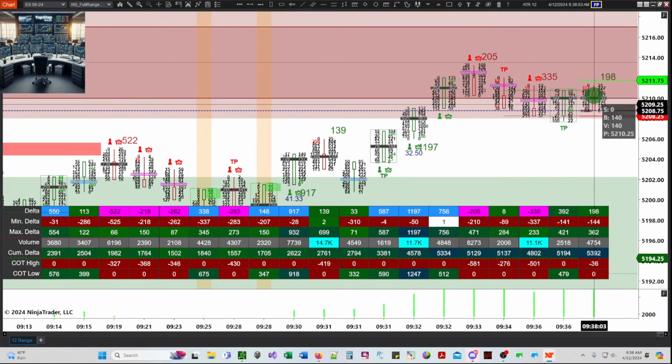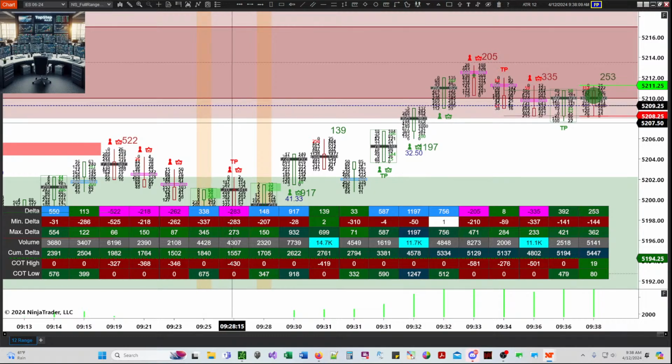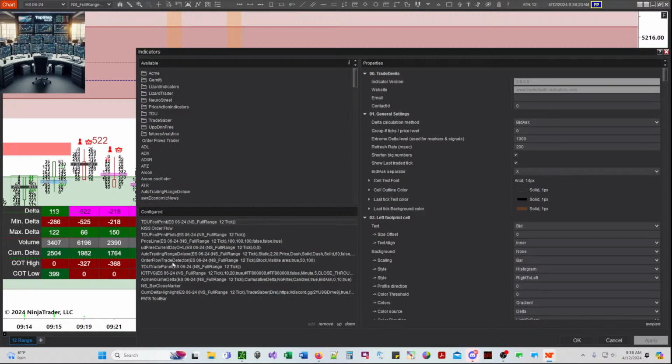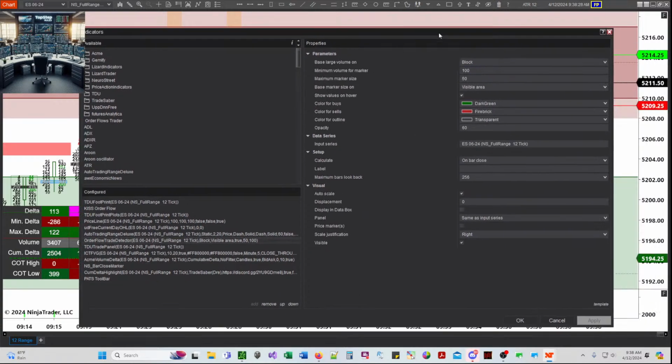Now this green ball you see on my chart right now, this comes with NinjaTrader, and this is under the order flow section. It's called the order flow trade detector. So when you're looking at the order flow trade detector, I have it set on block, and the minimum value for the marker I have it set on 100.